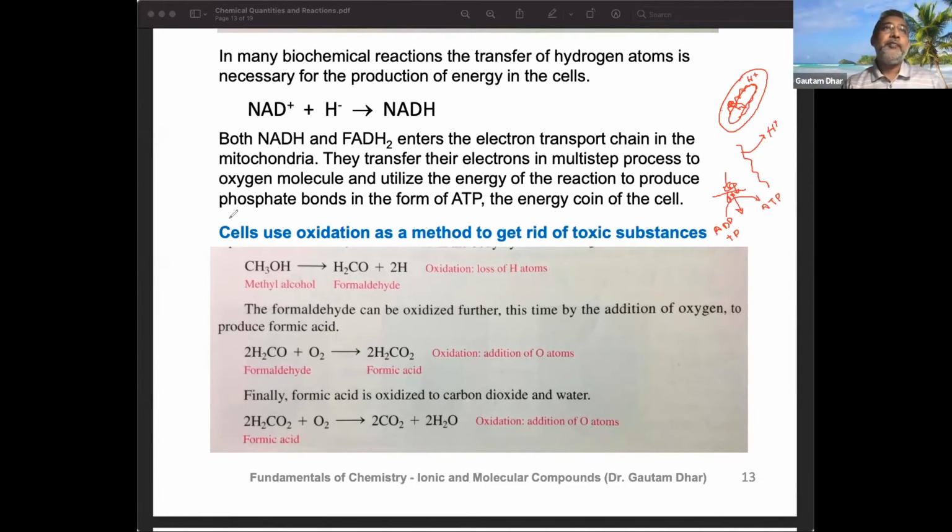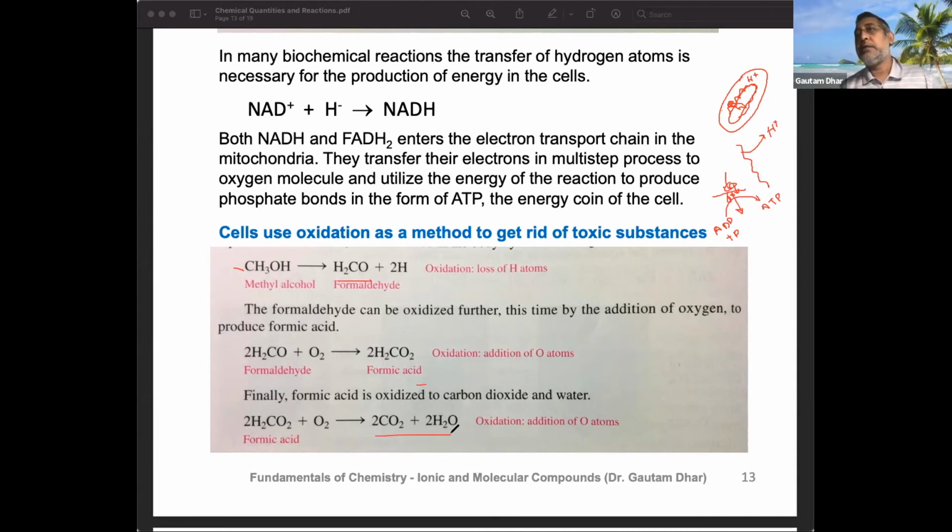Now, there are other important redox reactions going on in our body, like oxidation of different toxic substances. We get rid of these toxic substances by oxidizing them, like methanol. We oxidize it to formaldehyde, and this formaldehyde gets further oxidized to formic acid, which eventually gets oxidized to carbon dioxide and water.